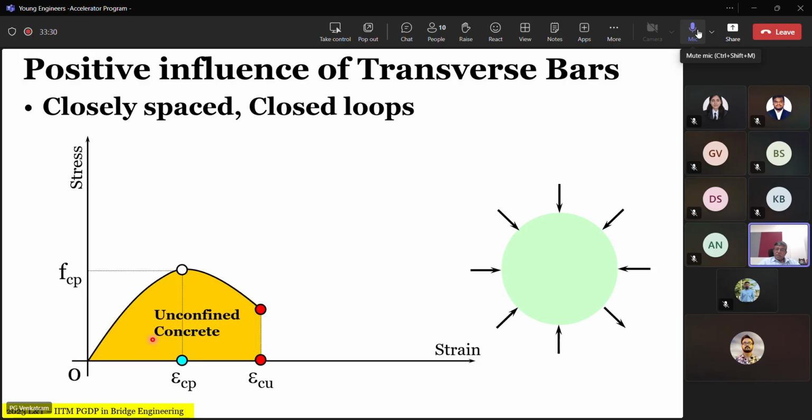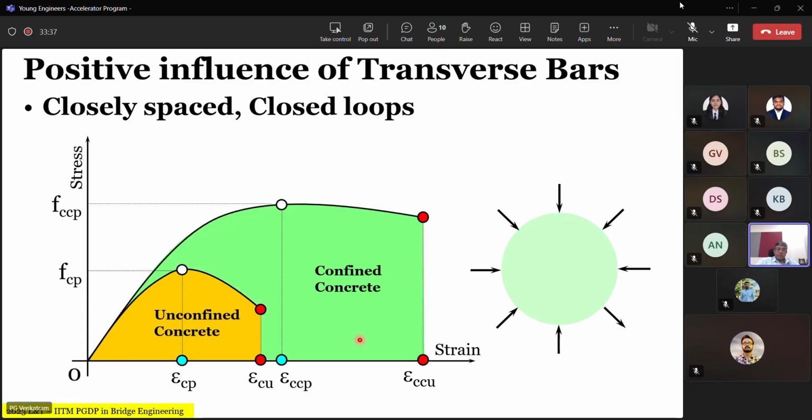Okay, good. So you have got the three critical changes that will happen due to confinement well understood. So basically your epsilon Cu will become epsilon confined Cu, epsilon Cp will become epsilon confined Cp, and FCP will become F confined Cp.